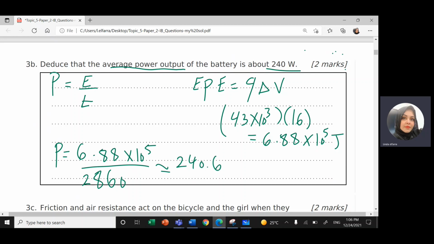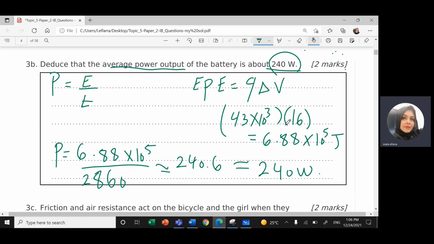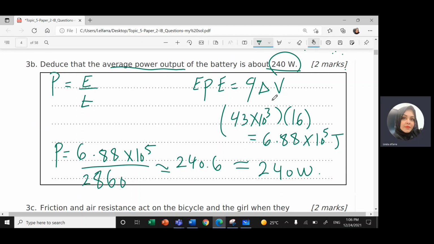And this will give me 240.6, which is around 240 watt if we round it. 240 or 241 is acceptable, as you wish. Okay, so here we use the conservation of energy.